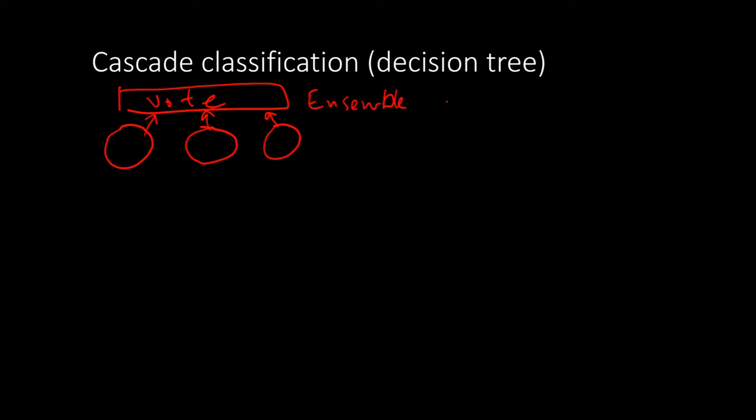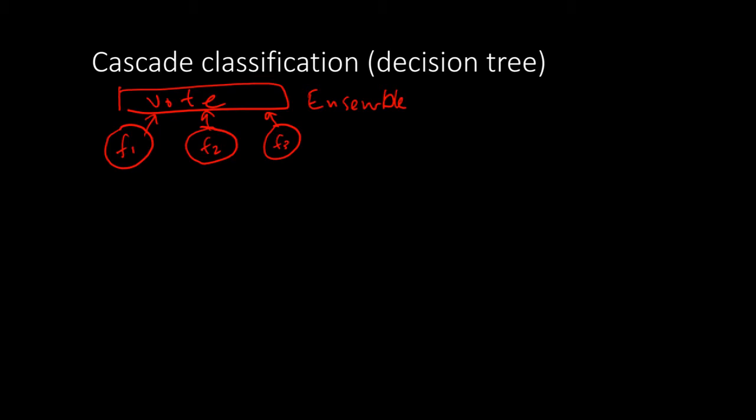Now in a cascade, this is your classifier F1, F2 and F3.